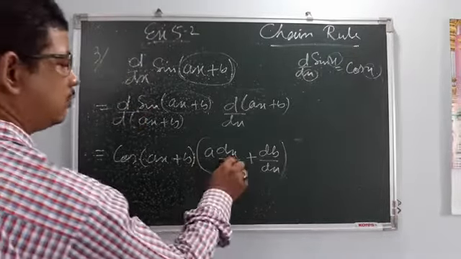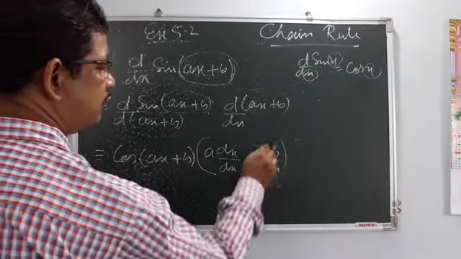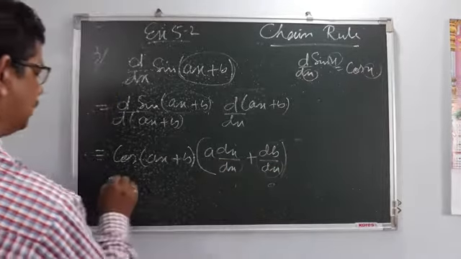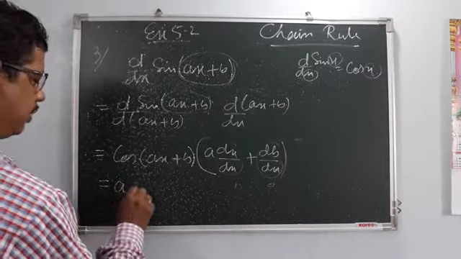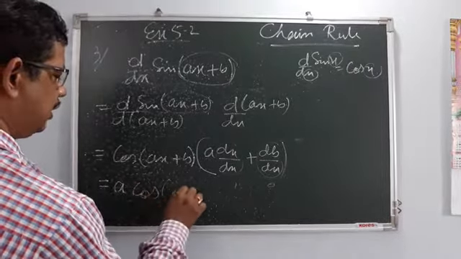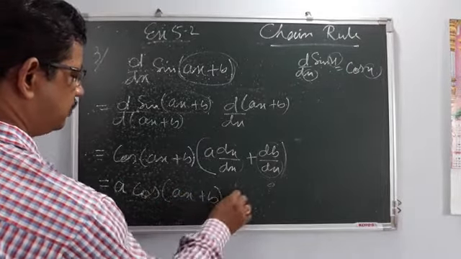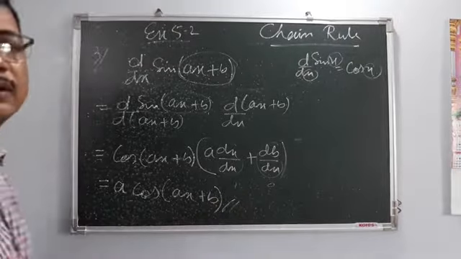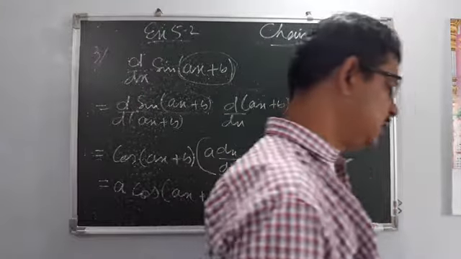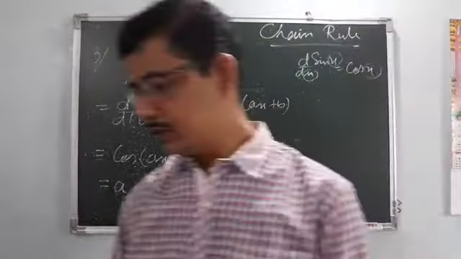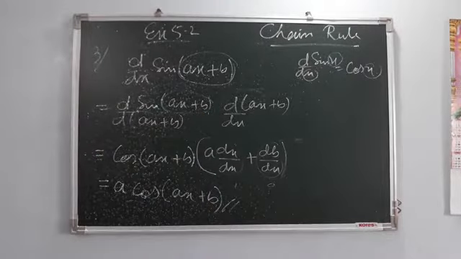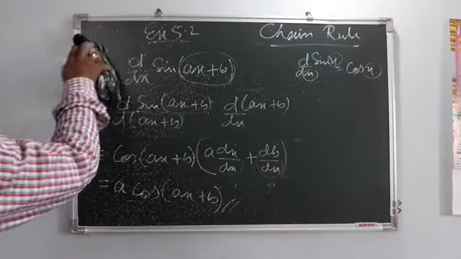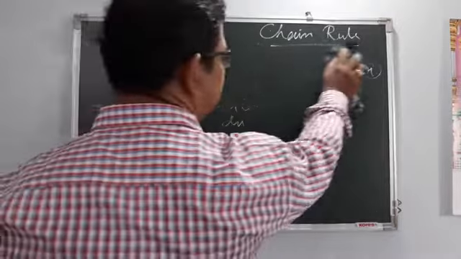So we write a first, then cos(ax + b) as our answer of question number 3. So I think it will be clear about this one. Now this time we have done the chain rule once.